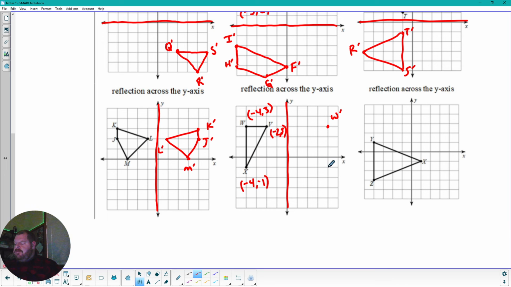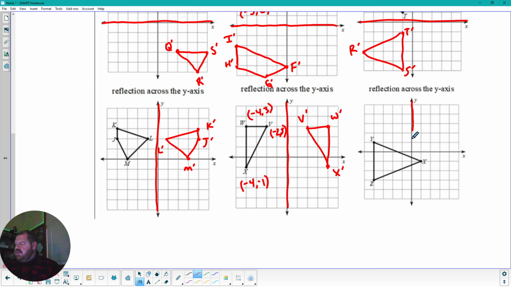It'll turn into 4, -1, the opposite of -4. And V from -2, 3 will turn into 2, 3. I've got my 3 points reflected, and I can draw my figure. Go ahead and do your best on this last one.